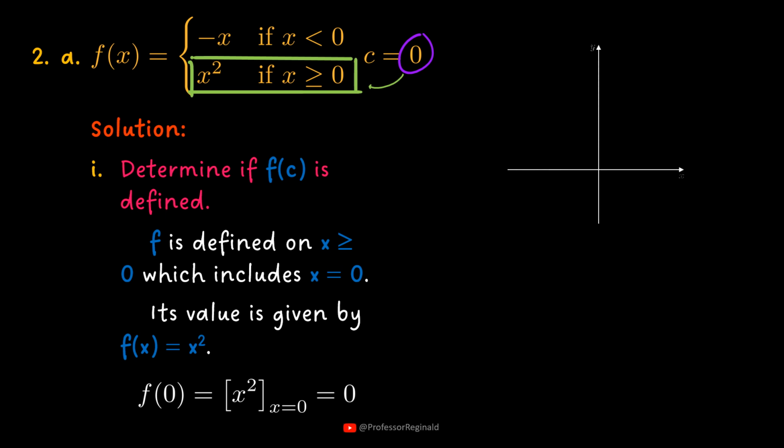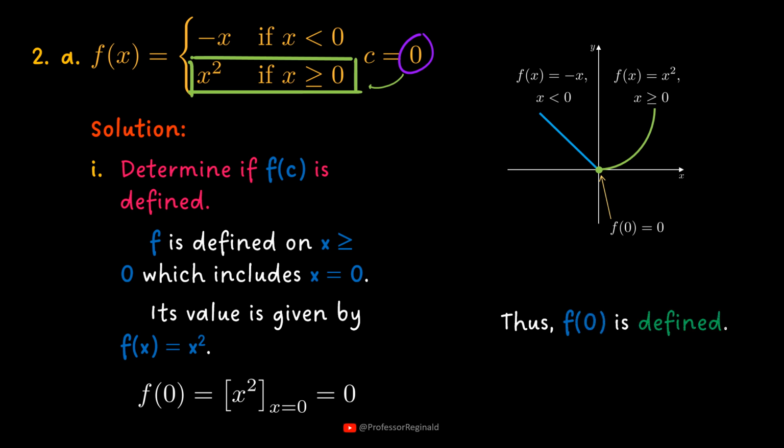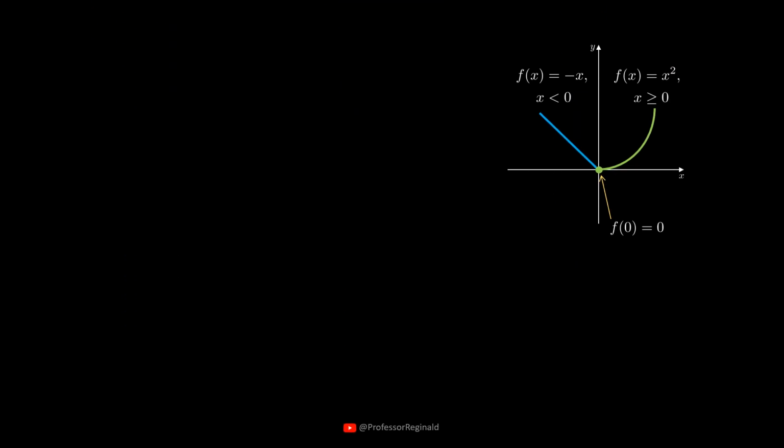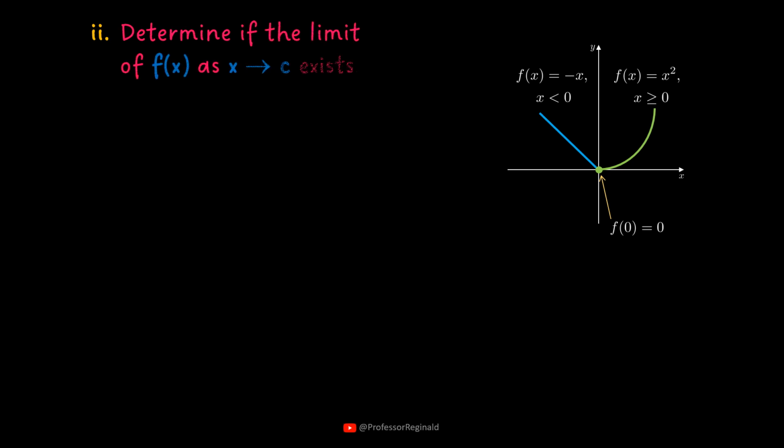The figure illustrates the graph of f of x. The value of f at x equals 0 is defined, and it is equal to 0. It is represented by the solid point. Thus, f of 0 is defined. Second, determine if the limit of f of x, as x approaches c, exists.